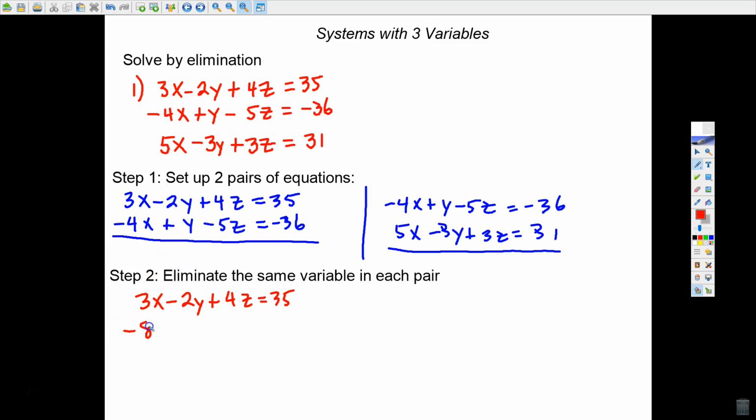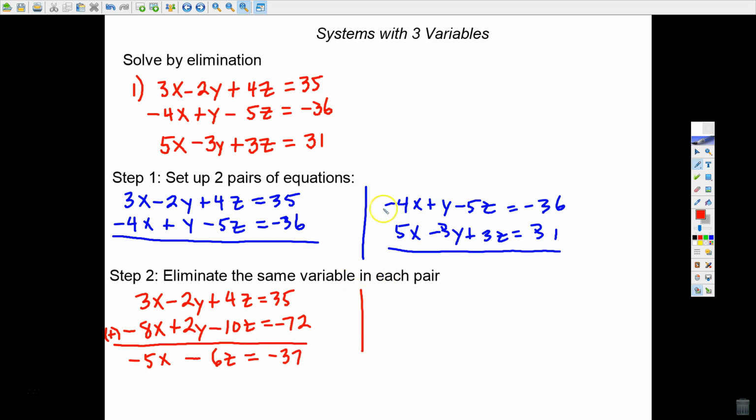So this is going to be negative 8x plus 2y minus 10z is negative 72. All right, and we can go ahead and add. I'll just put a little plus here to remind us that we're going to be adding all the way across. 3 plus negative 8 is negative 5x. We get 0 here, of course. 4 plus negative 10 is negative 6z. And then this becomes negative 37.